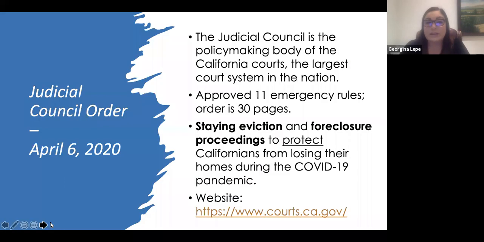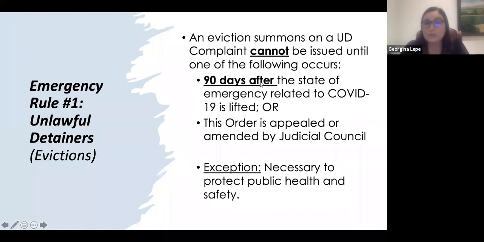The Judicial Council actually met earlier this month to try to amend this rule. They wanted to say that in, I believe, August, it would be okay to issue the summons, but they did not end up voting on the matter. I do not know if they're going to vote anytime soon.